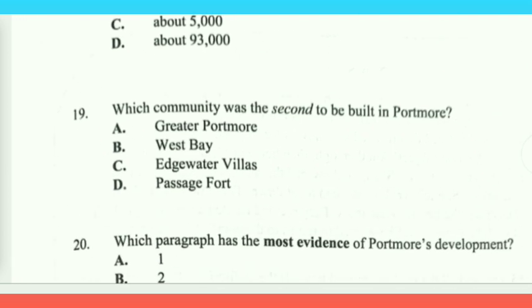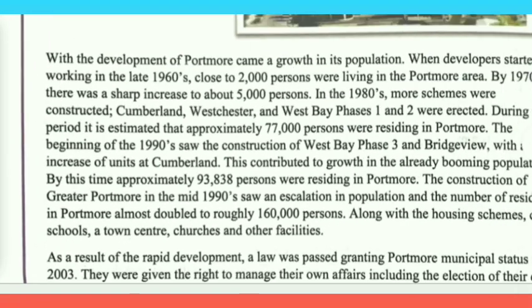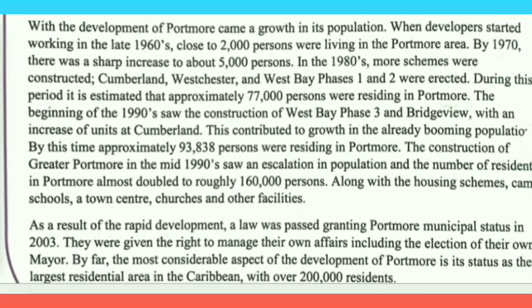Number 19. Which community was the second to be built in Portmore? Let's look at which one was built after that one. So you have to read through the construction of that.